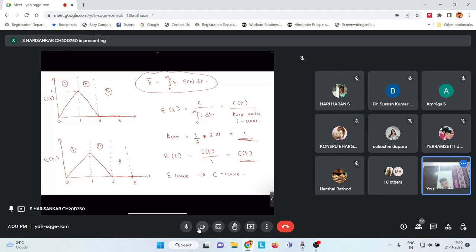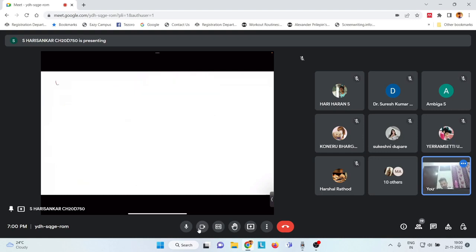Okay. So the mean residence time T bar is equal to the integral from 0 to infinity of T E of T dt, which will become the integral of T E of T dt for part 1, plus the integral for part 2, plus the same integral for part 3.